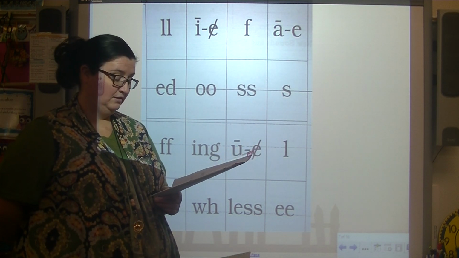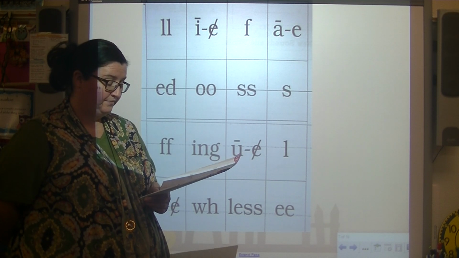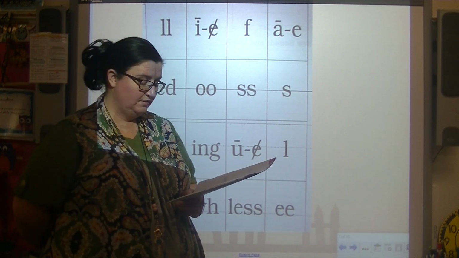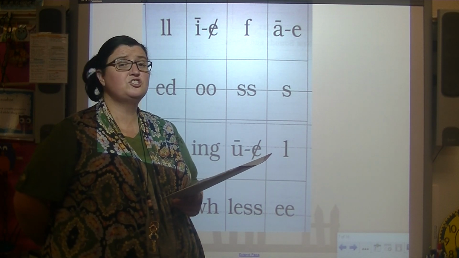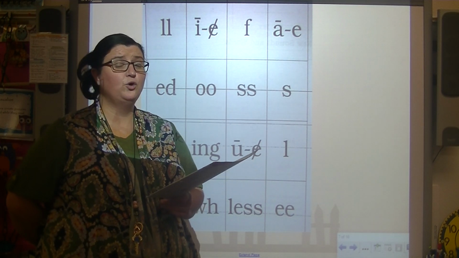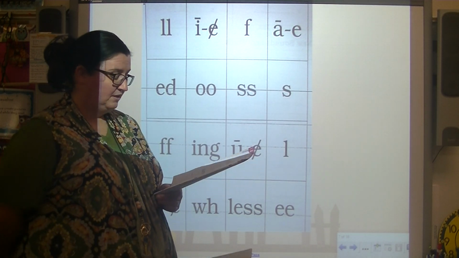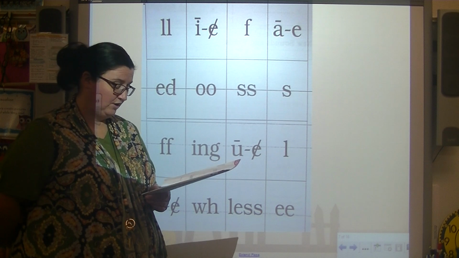Starring. The movie is starring a cool dog. Starring. Cover the suffix in that word.